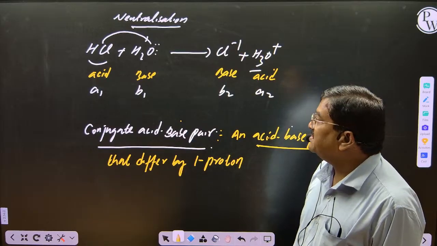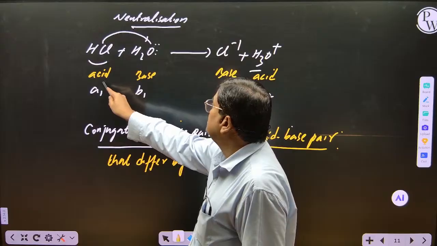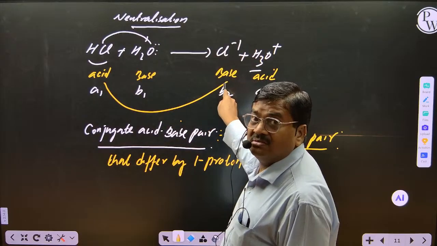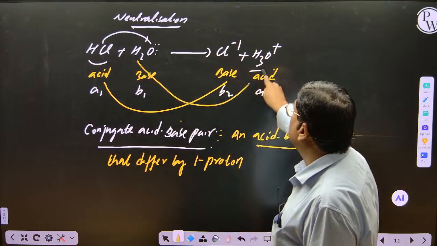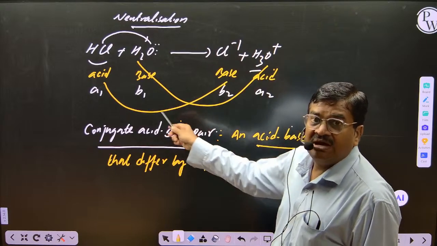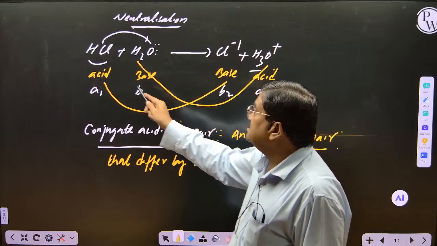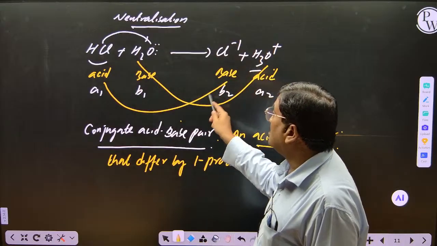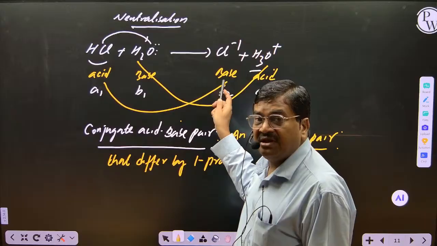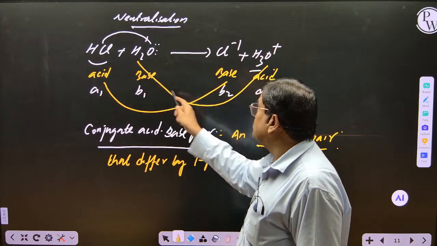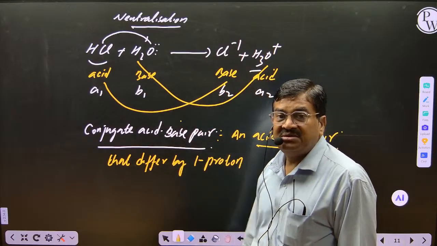Conjugate acid base pair. Now see, in this, these two are a conjugate acid base pair, and these two are a conjugate acid base pair that are differing by how many protons? One proton, no? Are you getting idea? HCl and Cl minus are a conjugate acid base pair. Why? Because they are differing by one proton. And H2O and hydronium ion are a conjugate acid base pair.